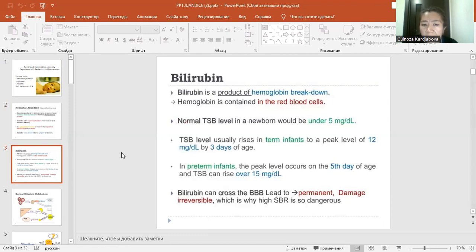TCB level usually rises in term infants to a peak level of 12 mg per deciliter by 3 days of age. In preterm infants, peak level occurs on the 5th day of age. TCB can rise over 15 mg per deciliter. Bilirubin can cross the blood-brain barrier and lead to permanent, irreversible damage, which is why high TCB is so dangerous.